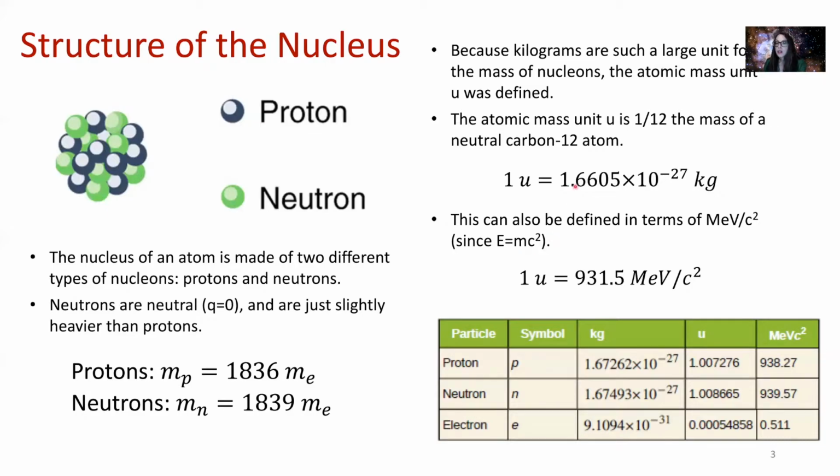So the atomic mass unit is also 931.5 MeV/c². And here's a table, which you can also find in your textbook, which shows the masses of protons, neutrons, and electrons in kilograms, atomic mass units, and MeV/c².